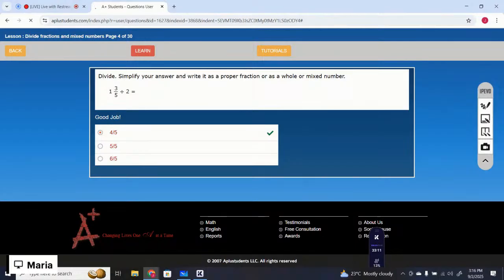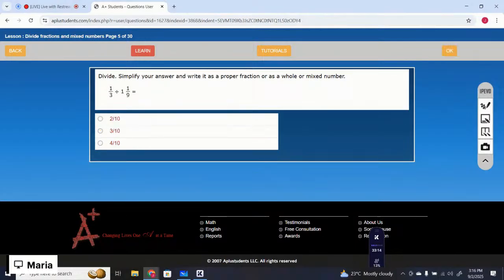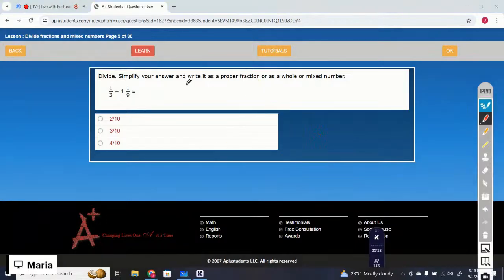Okay, you can complete the lesson. Let's do more examples. 1 by 3 divided by 1 whole 1 over 9. So that 1 whole 1 over 9 is equal to 9 times 1 is 9 and 1, 10 over 9.